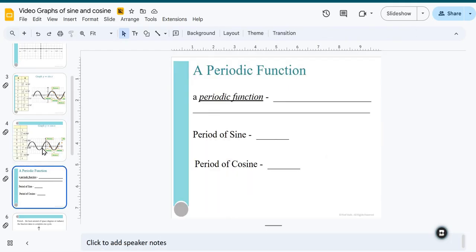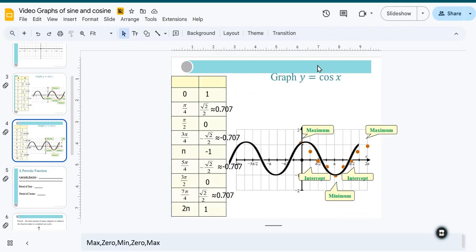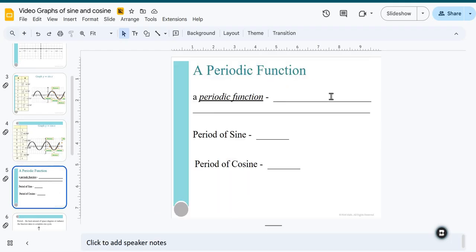So in general, we talked about this with sine, but cosine is going to be the same. This wave-like shape is going to continue to repeat itself over and over and over again. And that's why we can classify sine and cosine as periodic functions.